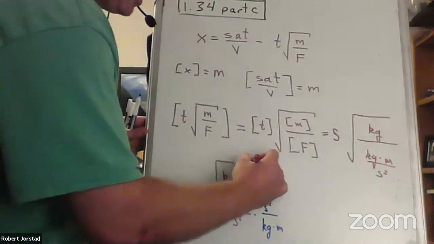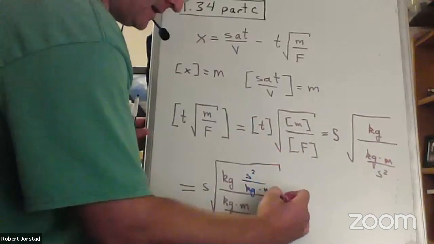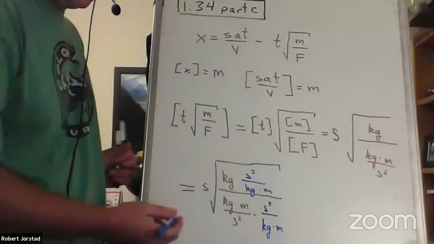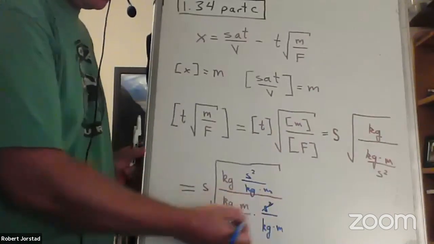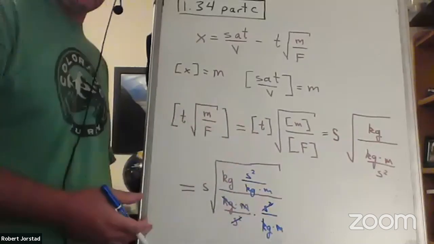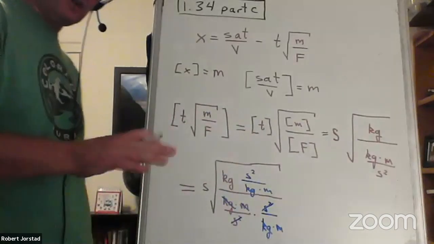Now I know where my square root's supposed to end. Okay. In this case, the seconds squared drop in the basement, the kilograms drop in the basement. And so this gets me just one fraction instead of multiple. That's the trick. Don't try to be too tricky.